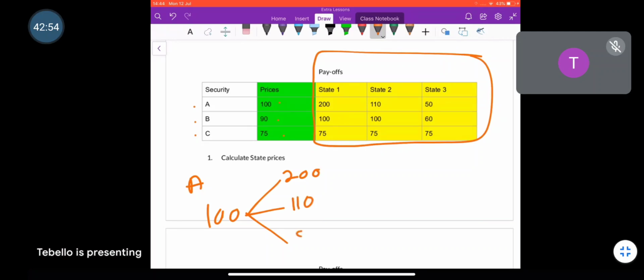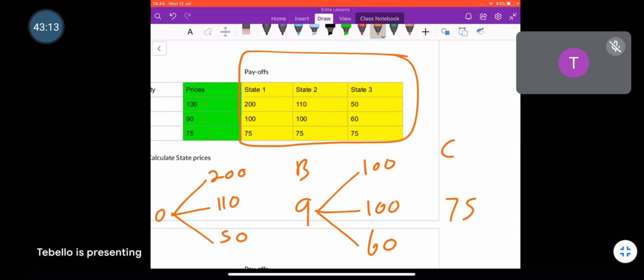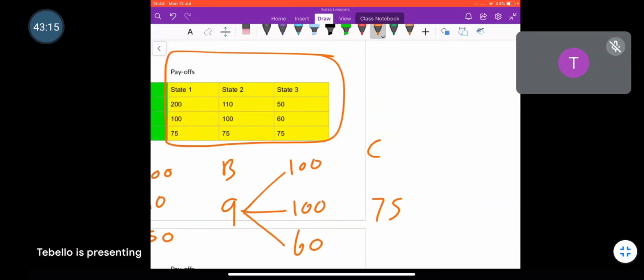State 3 happens, 50. And then for B, the price is 90. 3 states. If state 1 happens, you have 100. If state 2 happens, you have 100. If state 3 happens, you have 60. And then again you have C, 75. If state 1 happens, you'll have 75, and 75, and 75.